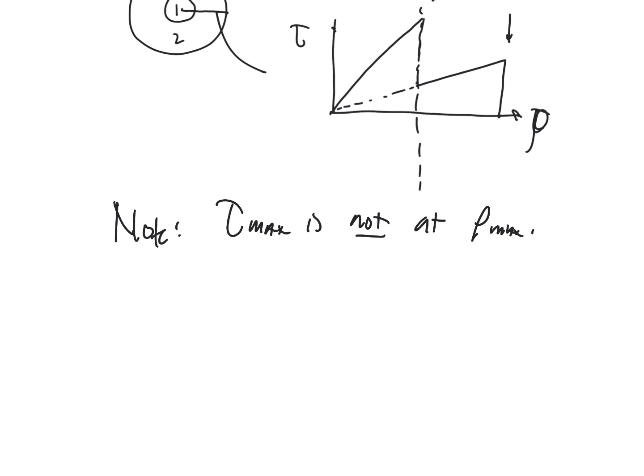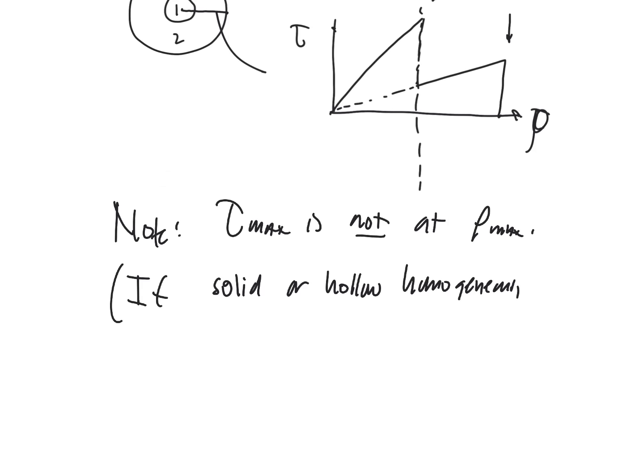That would occur if the value of G2 is greater than G1, but we've shown an example where that's not going to be the case, and you actually have that the shear stress inside is greater than the shear stress at the outermost radius. Of course, if it's solid, or for hollow homogeneous, then tau max is going to be located at rho max.